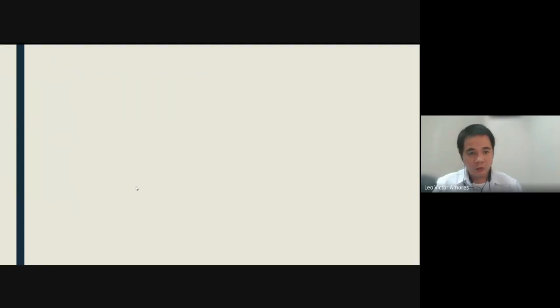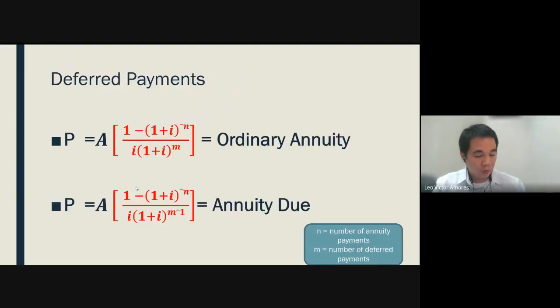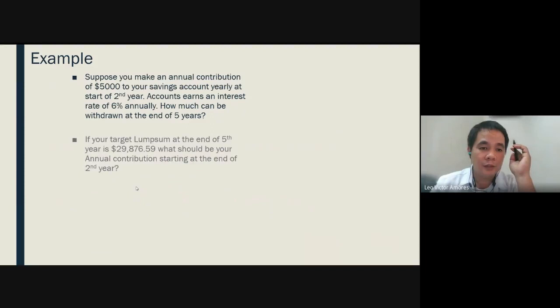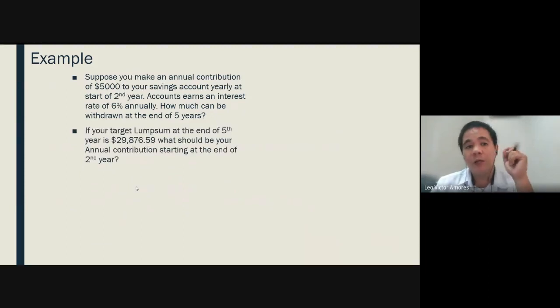So let's try to capture first the formula. Let's consider that one as an ordinary annuity problem, but it is deferred. As you can see, what the problem is looking for is the value at the end of 5 years.